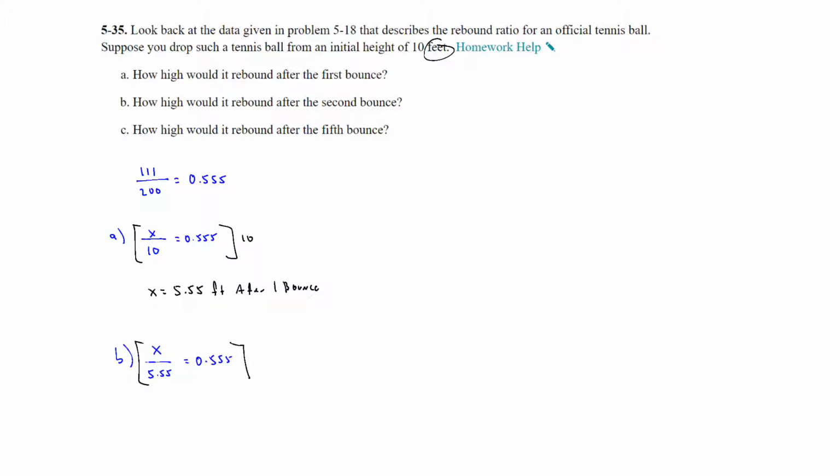And if we multiply both sides by 5.55, lots of fives, we get x is equal to 0.55 times 5.55, which is approximately 3.08025, but we're going to approximate that to 3 feet after the second bounce.